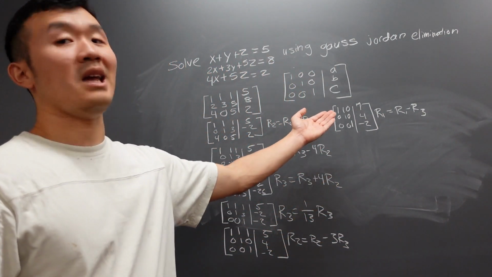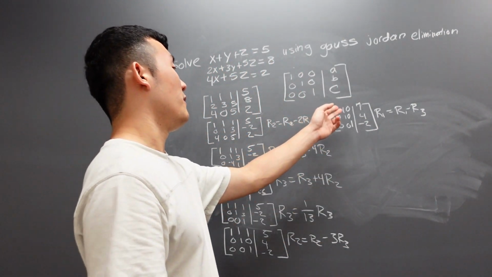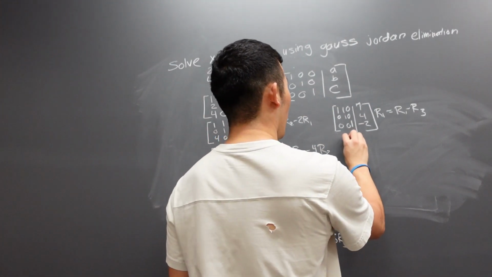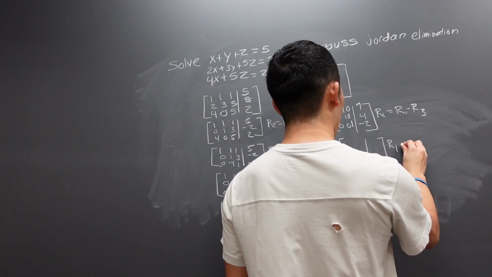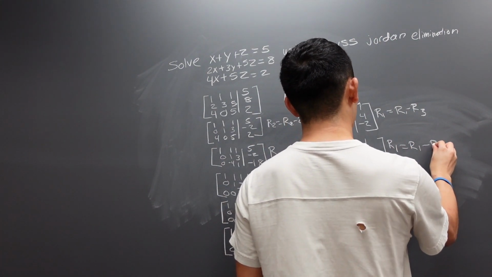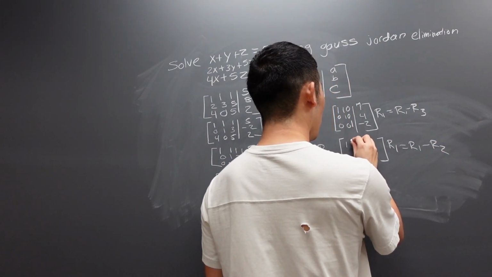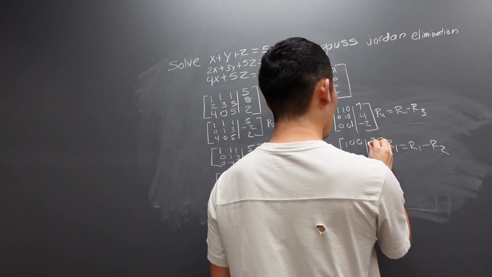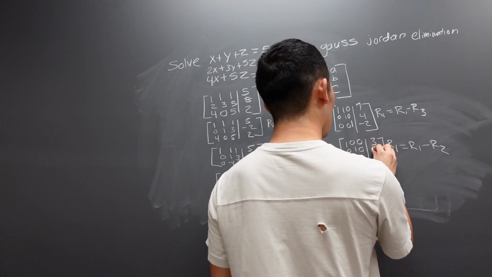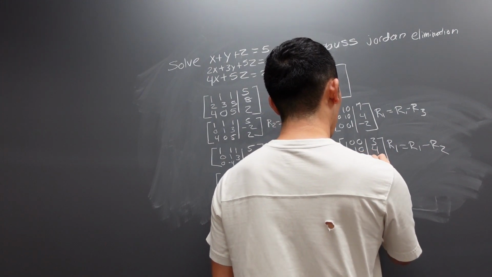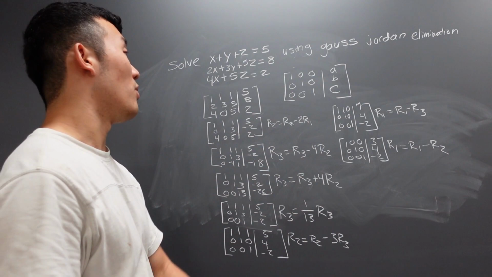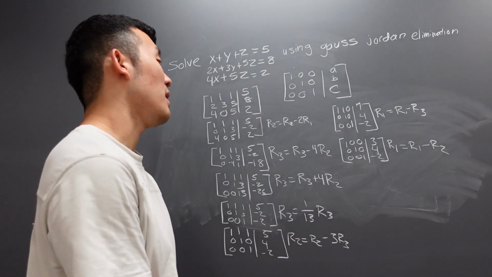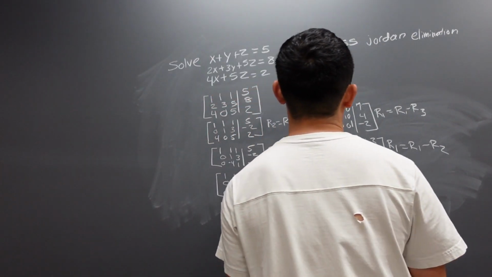And finally, we need to get a 0 over here. What I can do is R1 equal to R1 minus R2. That way we get a 0 on the side. And we can see it's now in this form, and we have our constants A, B, and C. Let's just replace it.